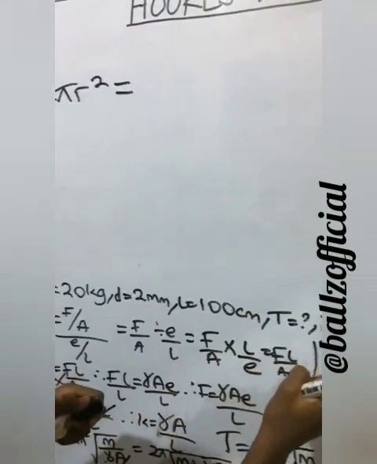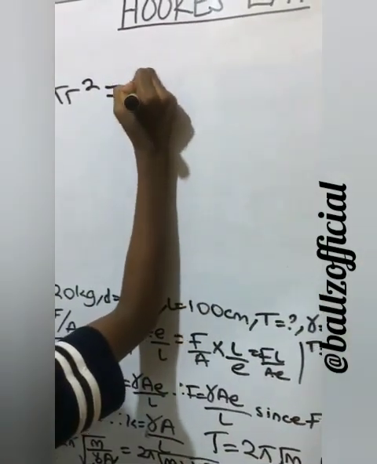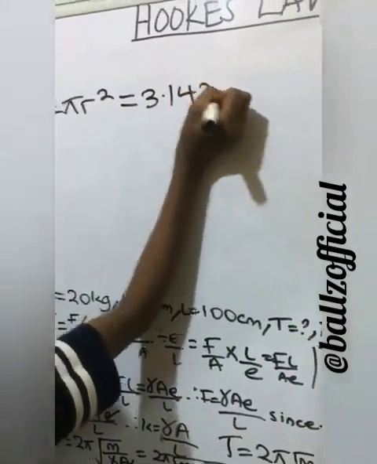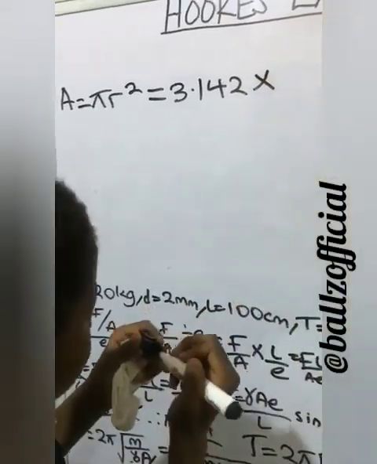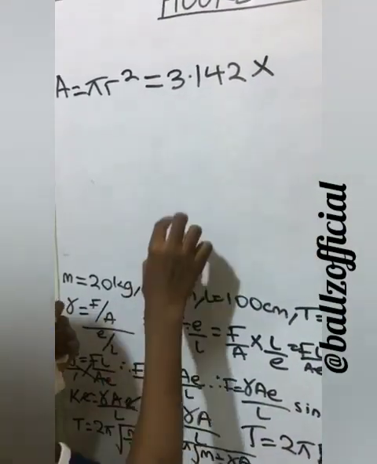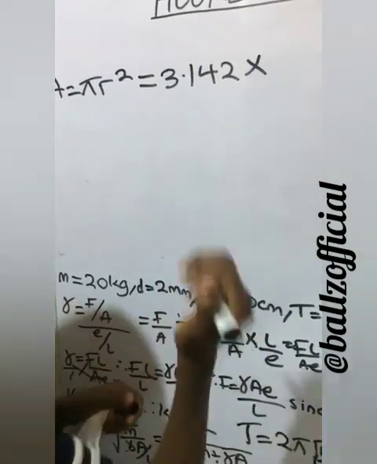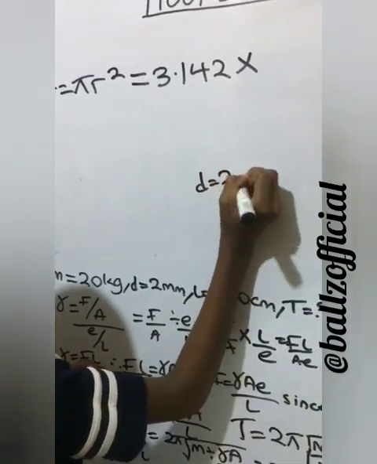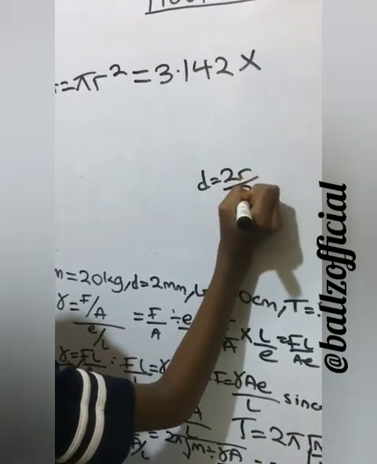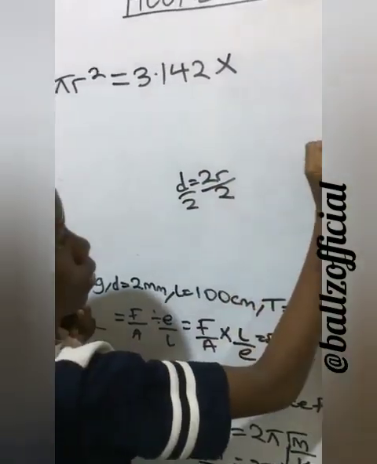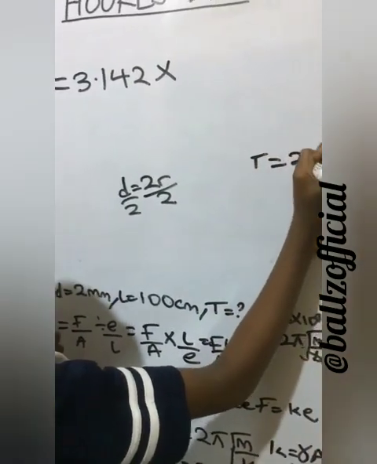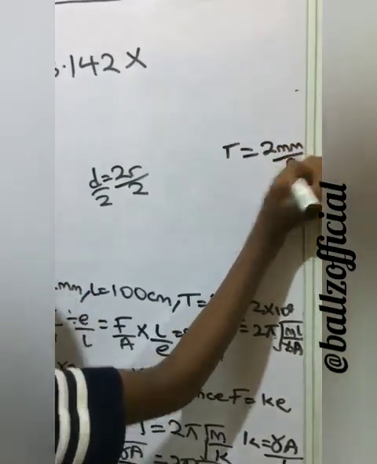Therefore, area is equal to pi, which is 3.142, times r. I hope you know that diameter is radius times 2. Diameter is 2r. Therefore, to get radius, we divide both sides by 2. Therefore, radius is diameter over 2. So let's do it in a rough corner here, which is 2 millimeters all over 2.